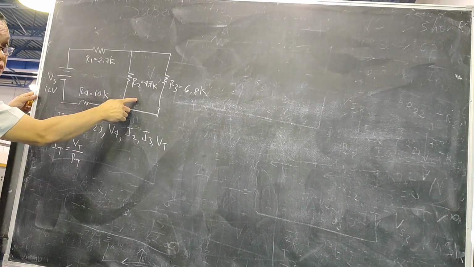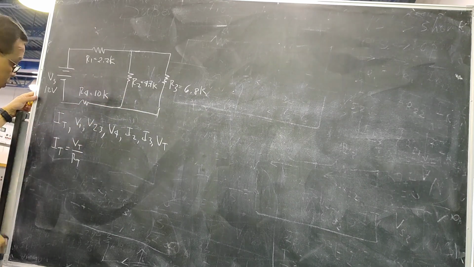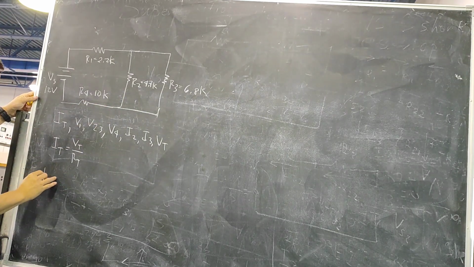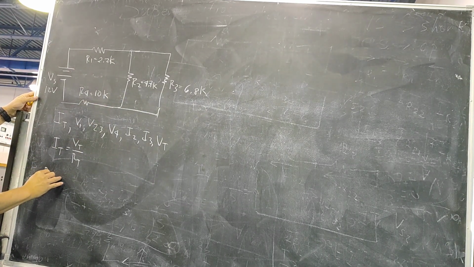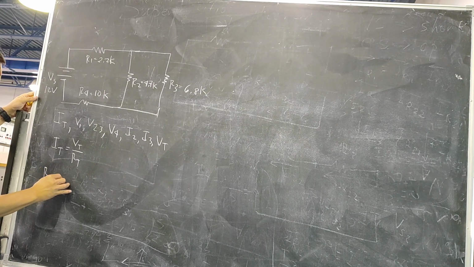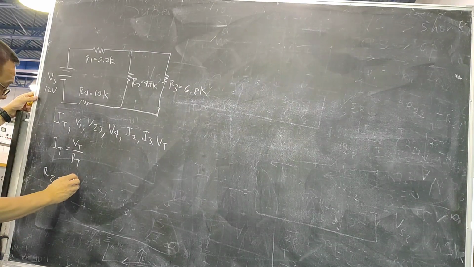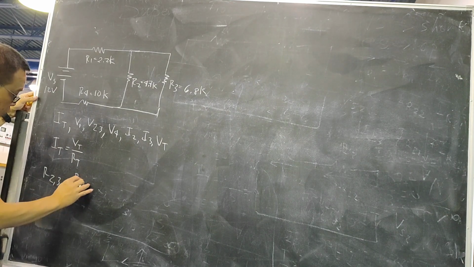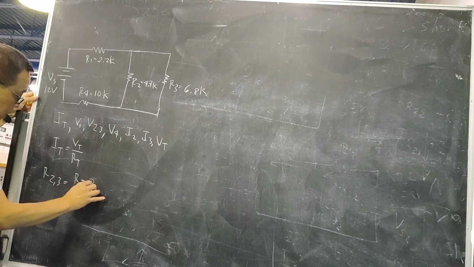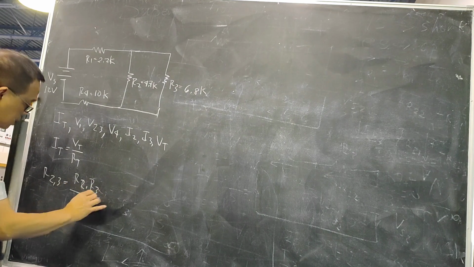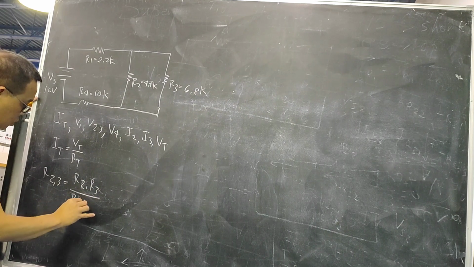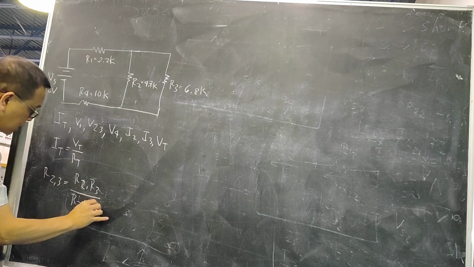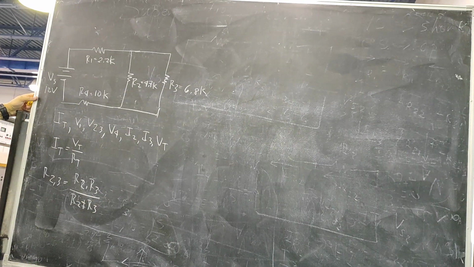What is this, parallel or series? Parallel. So what's the formula for parallel? R23, you can call it R23, is equal to R2 multiplied by R3 over R2 plus R3. Is that right?